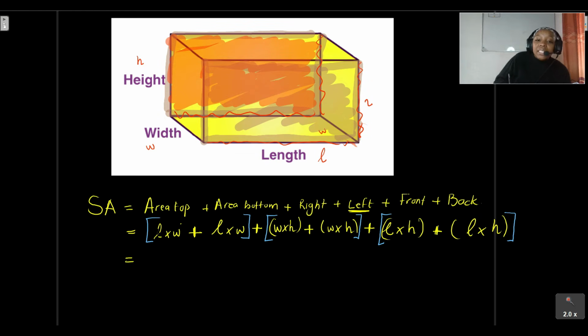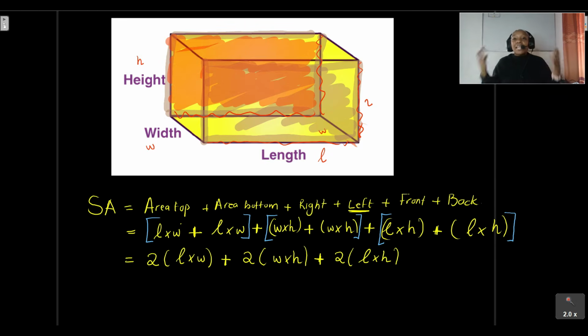So instead of writing length times width plus length times width, we can just say 2 times length multiplied by width, plus 2 times width multiplied by height, plus 2 times length multiplied by height.